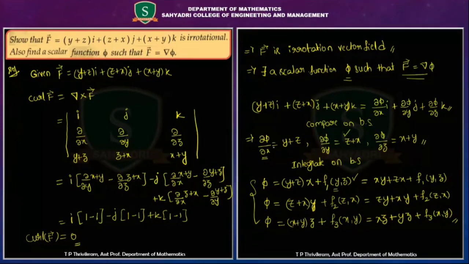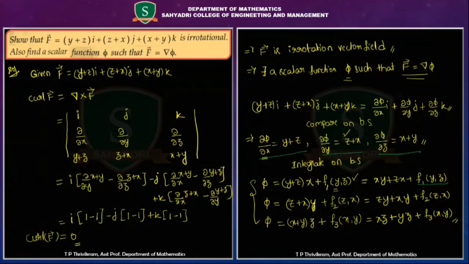In the first derivatives we differentiated with respect to x, y and z, but whenever you come to integration, all the phi should be the same. So you have to identify the function of yz in the remaining two equations, the function which contains only yz.